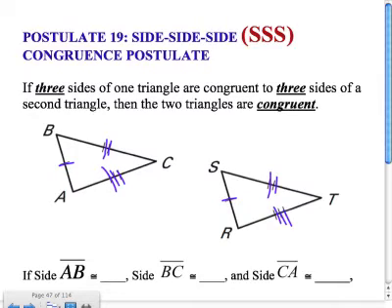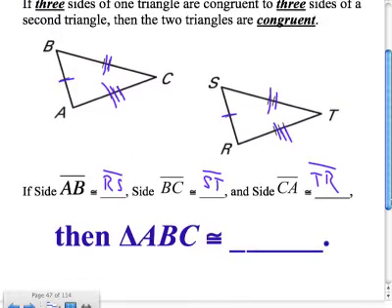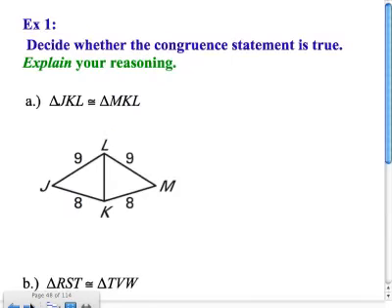Therefore, the triangles are congruent by SSS. So AB is congruent to RS, BC is congruent to ST, and CA is congruent to TR. So that means triangle ABC, and again, make sure your corresponding pieces match up, is congruent to triangle RST. And you would just say SSS. So there's side, side, side.